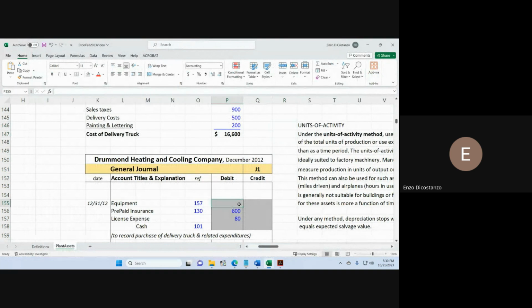So this will be equal to the 16,600. And then the cash conversion is that.